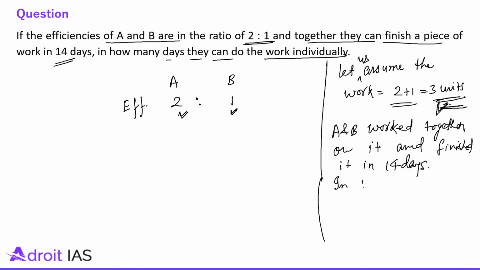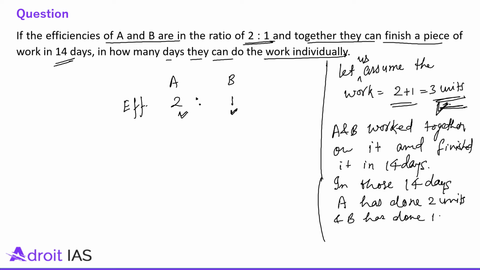In those 14 days, A has done 2 units and B has done 1 unit. Total work was 3 units and A and B together worked on it continuously for 14 days. And in those 14 days, A has done 2 units and B has done 1 unit, right? Everyone fine? Okay, so it means what?